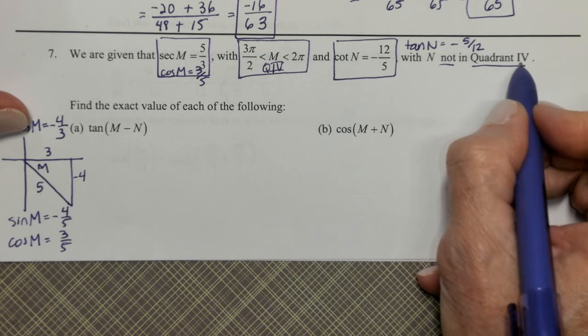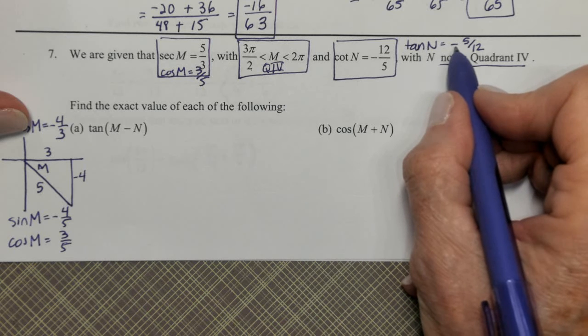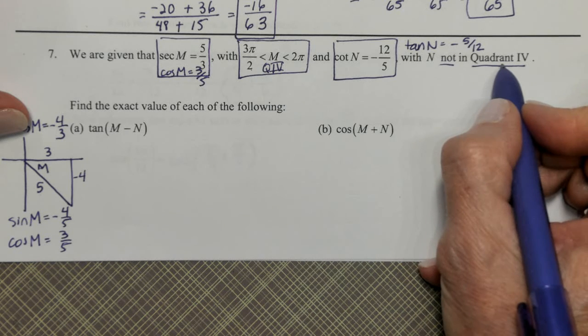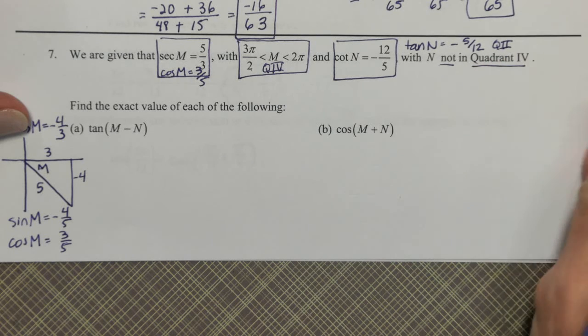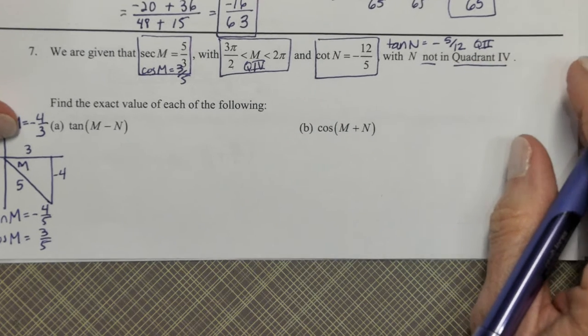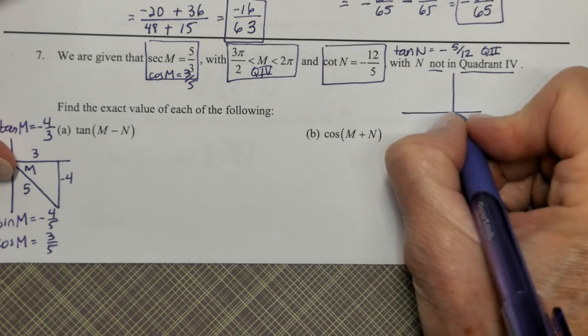Not in quadrant 4, though. So which quadrant would tangent be negative in if it's not in quadrant 4? Well, it must be in quadrant 2. That's the only other quadrant that tangent and cotangent are negative in. So we are going to be over here in quadrant 2.